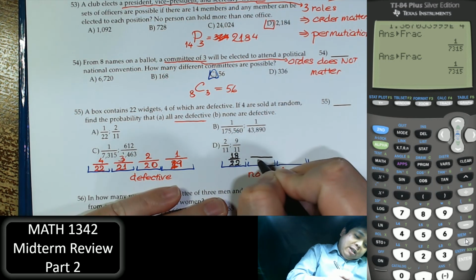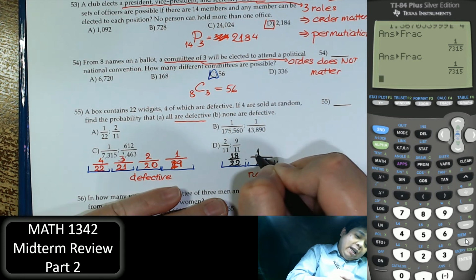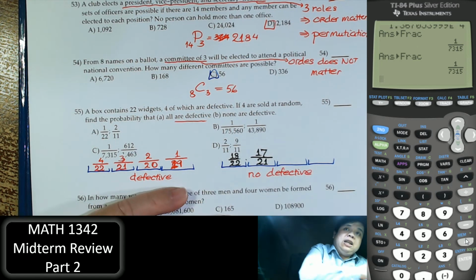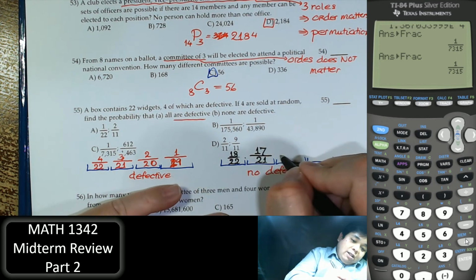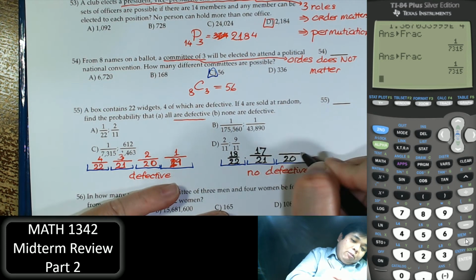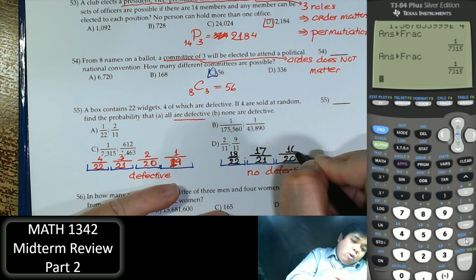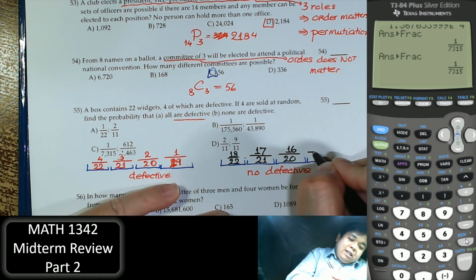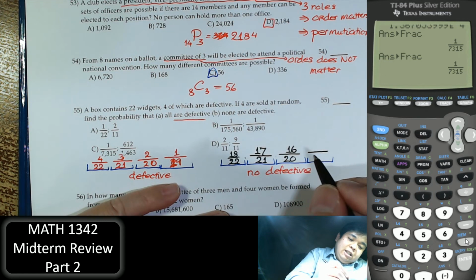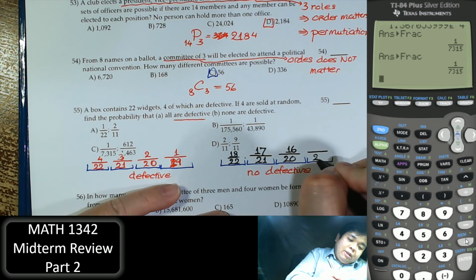Now if we pick one already, there are 21 left, and there are 17 non-defective left. And out of the remaining 20, we're going to pick one, 16 left. And finally the last one, 15.